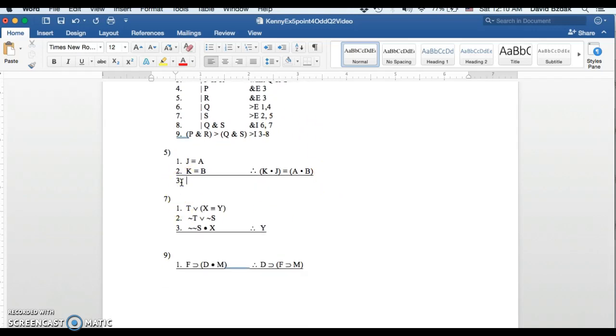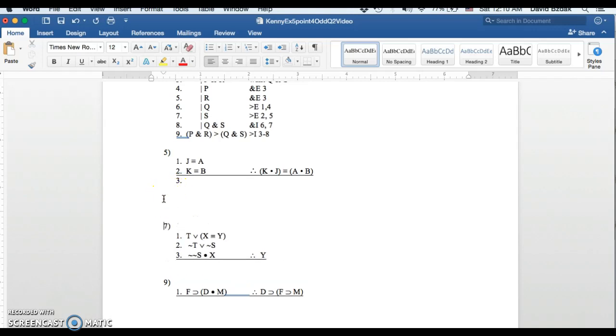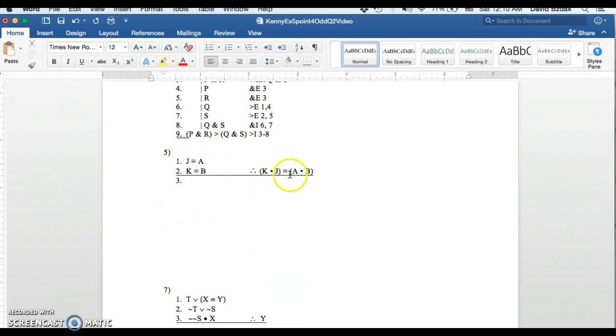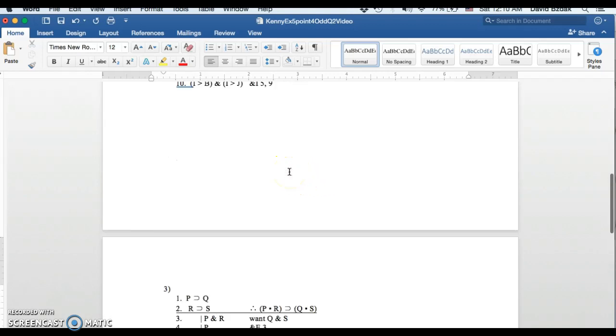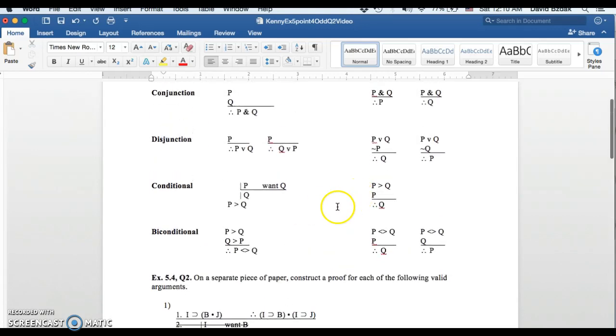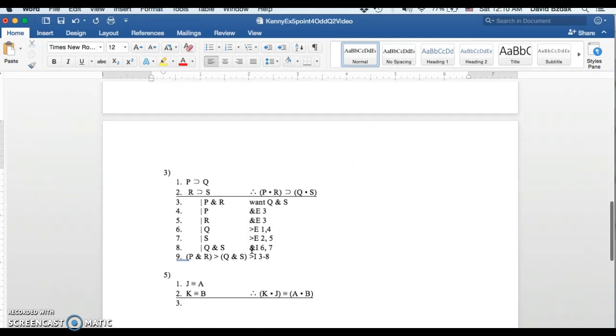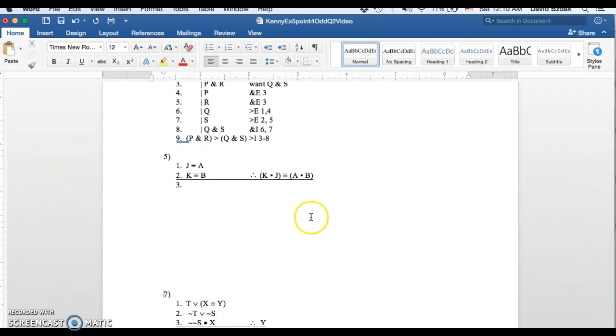Okay, I'm getting a little short on time, so I'm going to go a little bit fast here. We're trying to get a biconditional. So again, remember the biconditional introduction rule? We need these two conditionals to get this biconditional. Right? So let me just go out here.